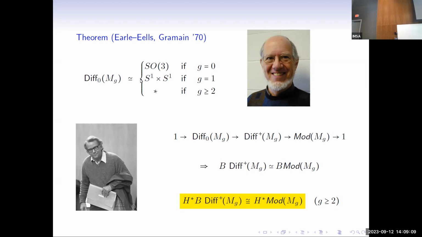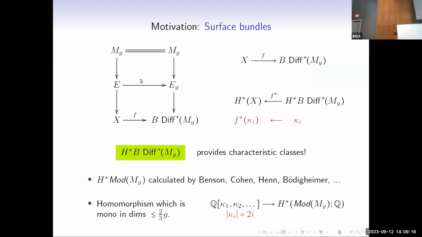Right? So now, the left-hand side is interesting because it gives us characteristic classes for surface bundles. Maybe we think of smooth surface bundles over X. Then these are gotten as pullbacks of a universal bundle, the universal surface bundle over the classifying space of the orientation preserving diffeomorphisms, right?